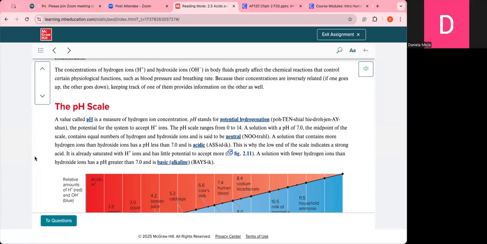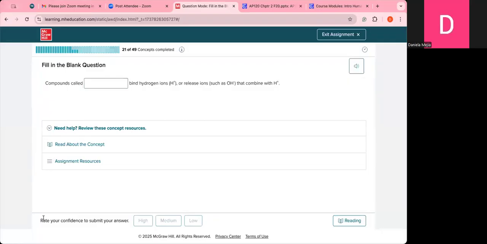A solution with fewer hydrogen ions than hydroxide has a pH greater than 7 and is basic. So if you have the compounds that bind hydrogen, then it's a base. So I would say it's a base. Compounds called bases bind hydrogen ions.